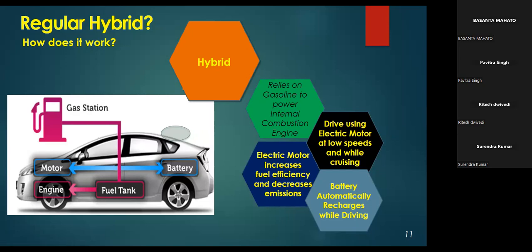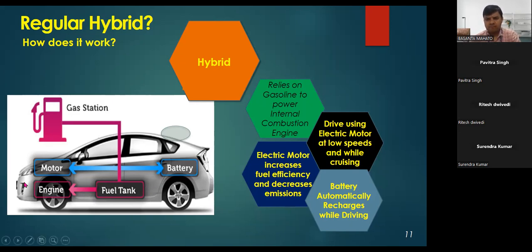In the case of electric motors, it is reduced, or almost negligible as compared to traditional engines. And driving uses the electric motor at low speed and while cruising, and the battery automatically recharges while driving.